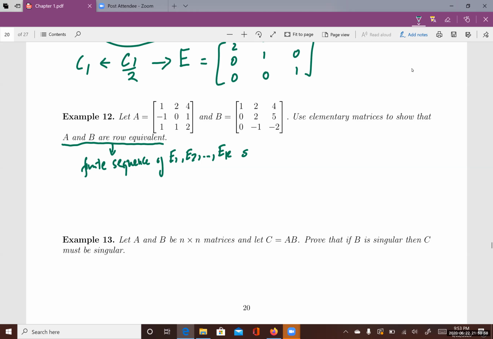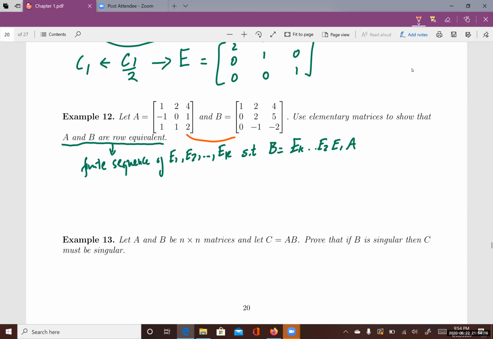Such that B equals Ek, E2, E1 times A. Well, that's the definition. Can we find the series of these elementary matrices?